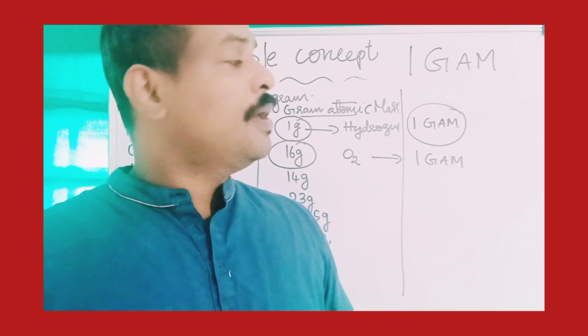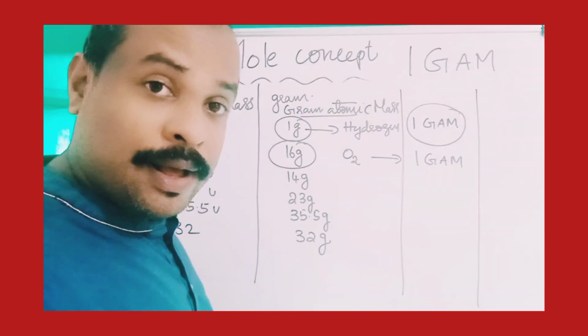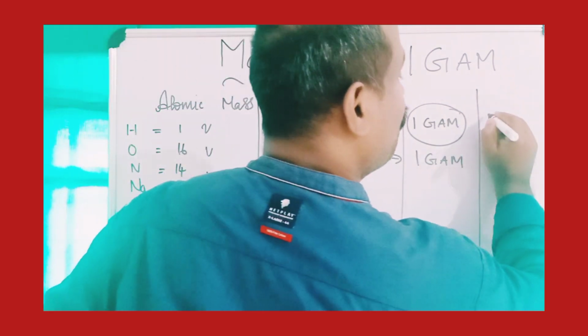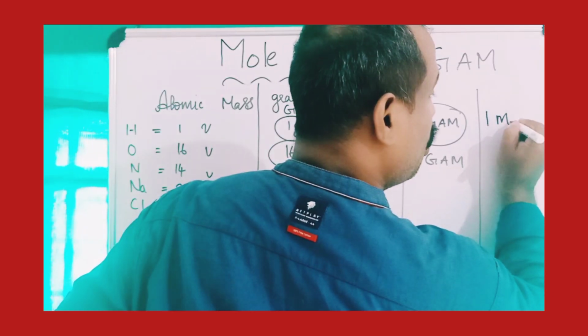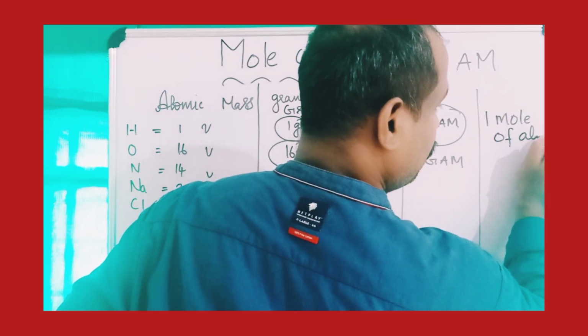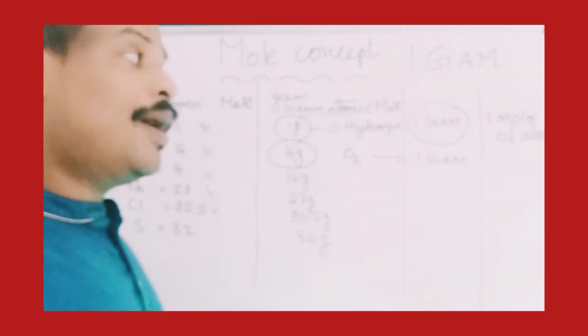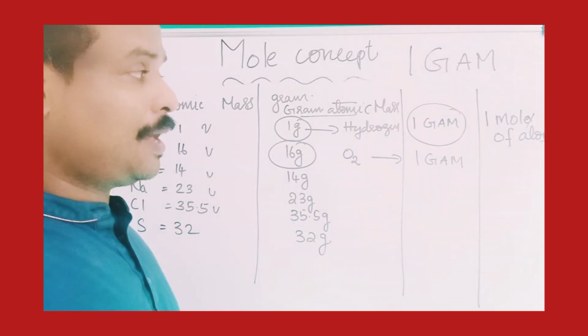If it has 1 GAM, it should have 1 mole of atoms, 1 mole of that particular atom.